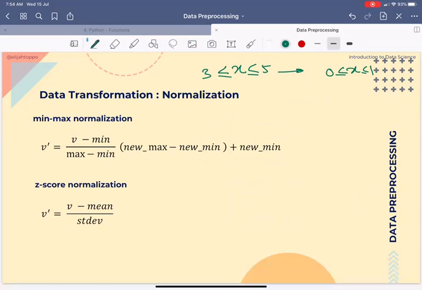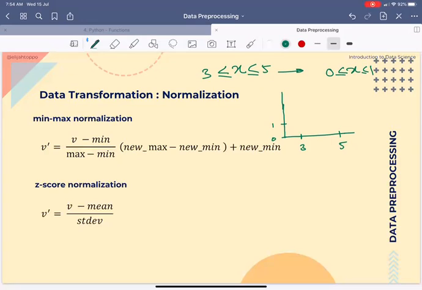You can imagine what is happening here. Let me draw the x axis and y axis. Let's say on the x axis I have my range 3 to 5, and I want to transform this into the range 0 to 1. This formula is giving me the slope and the intercept that will help me draw this line.